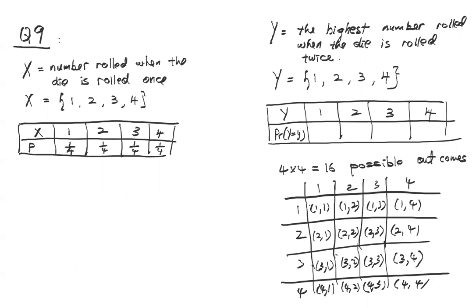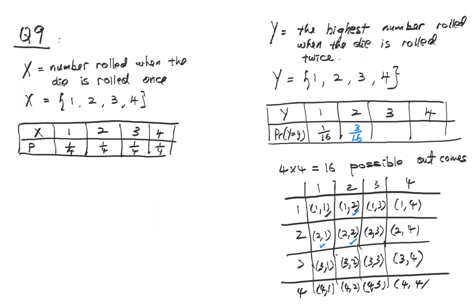So now I want to talk about 1. Look, I only can take this case. This is the only case with highest mark 1. So I have 1 out of 16. For 2, this one and this one. Correct? So it's very obvious, you see or not? So 3 out of 16.